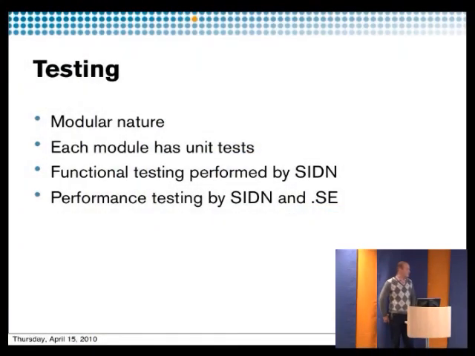Currently we're doing functional testing. We have some acceptance testing by SIDN, but also performance and system testing by SIDN and .SE. This is besides the tests that the developers are doing, so we have different levels of testing on top of OpenDNSSEC.